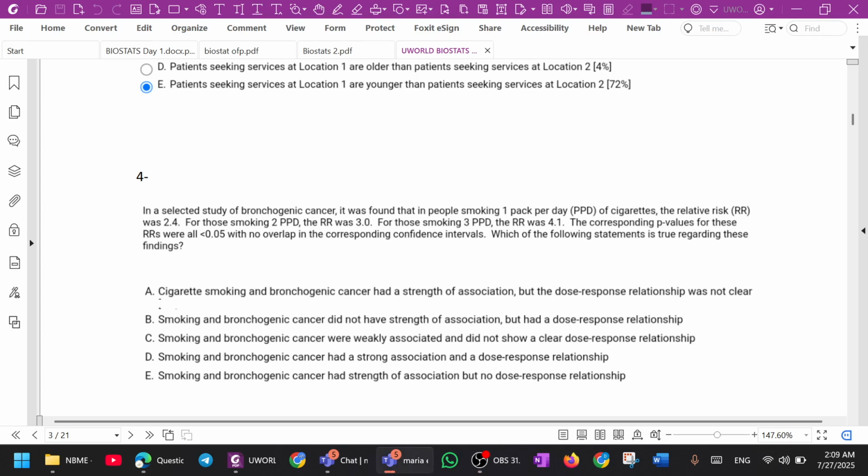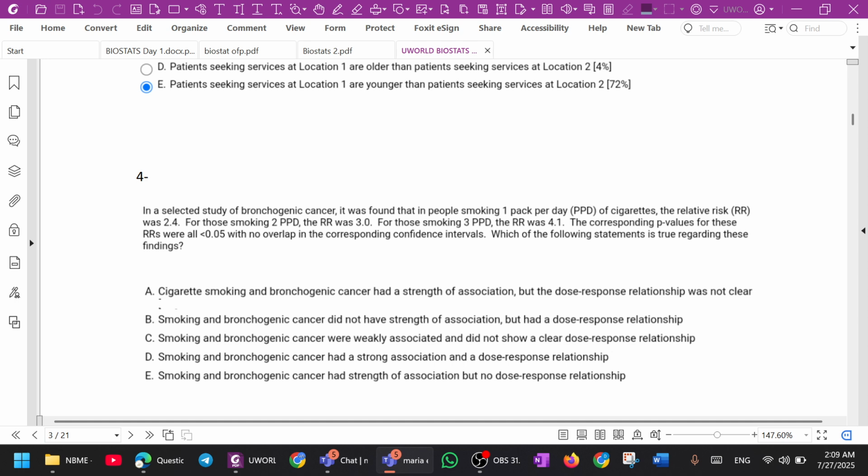In a selected study of bronchogenic cancer, it was found that in people smoking a pack per day of cigarettes, the relative risk was 2.4. For those smoking 2 packs per day, the relative risk is 3.